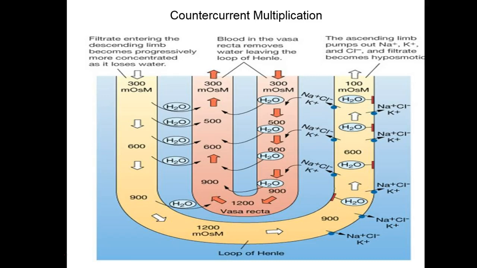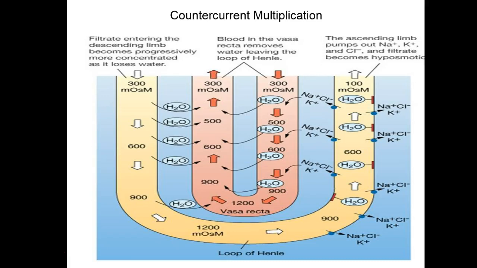Countercurrent multiplication, this is what I was referring to with regard to an incredible amount of water being reabsorbed in the descending limb of the loop of Henle. That causes an increase in the osmolarity. You go from 300 up to 1,200 at the bottom of the loop of Henle.